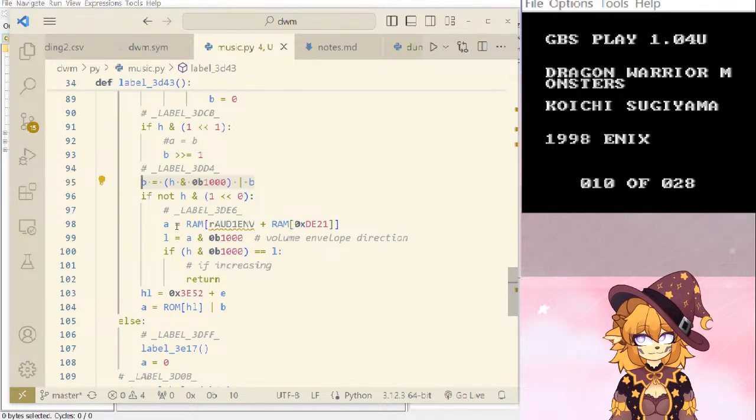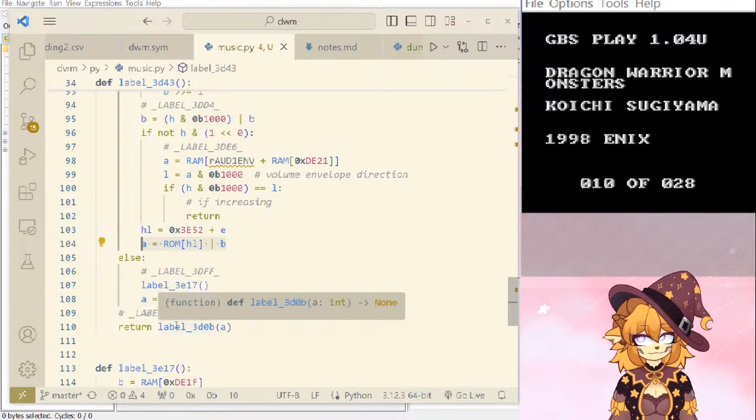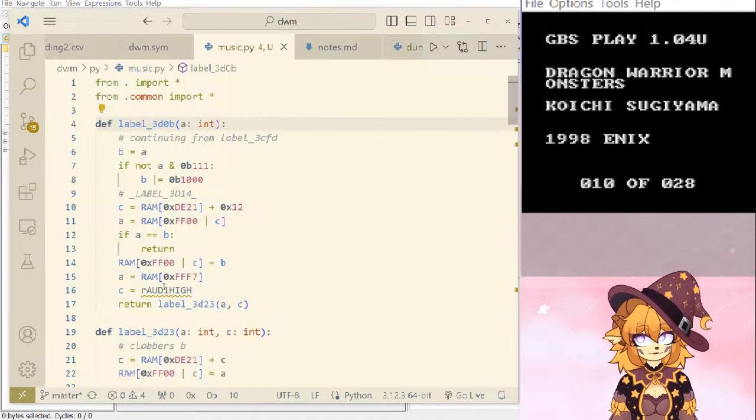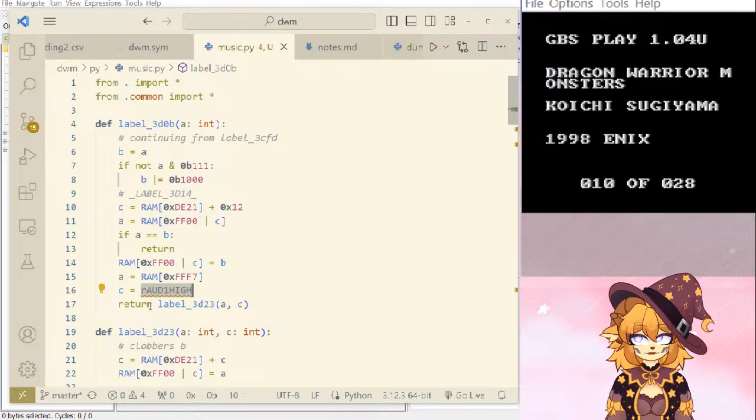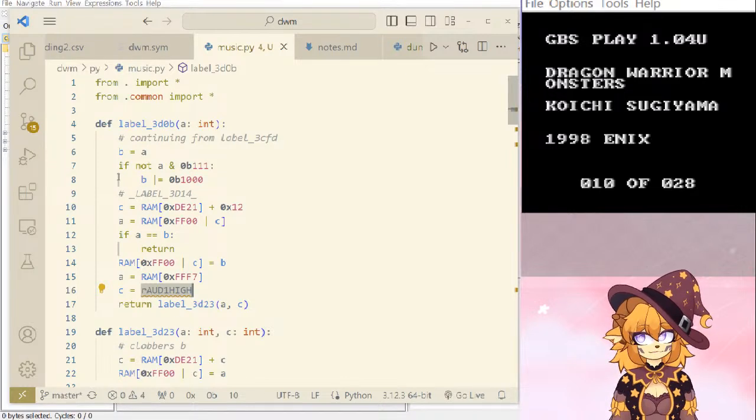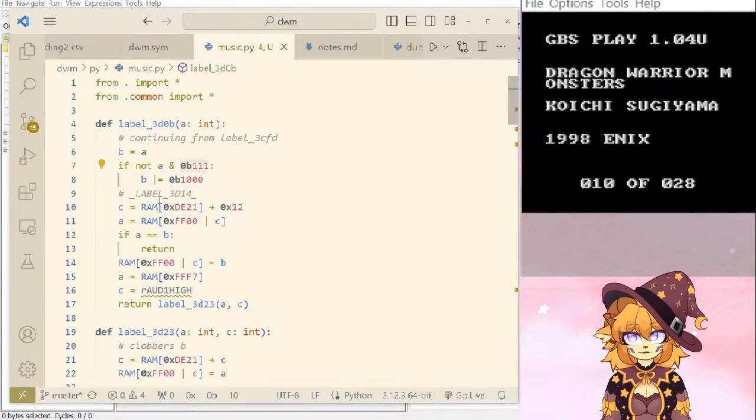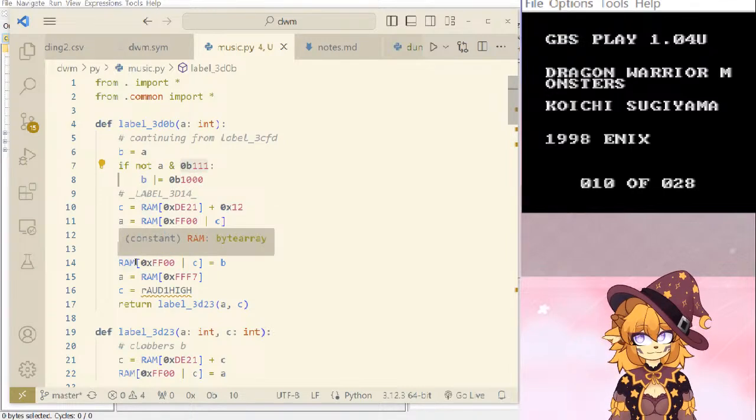It's part of B, which is used to set A, which is used to be assigned to NR11 high. Which it also sets if this is 0. The lower 3 bits are 0.